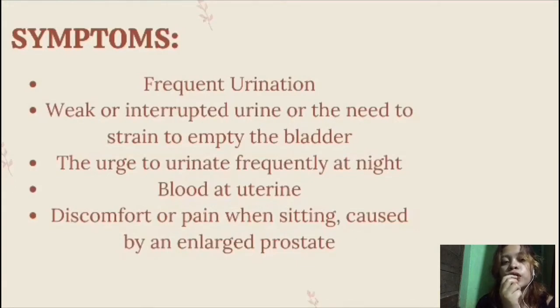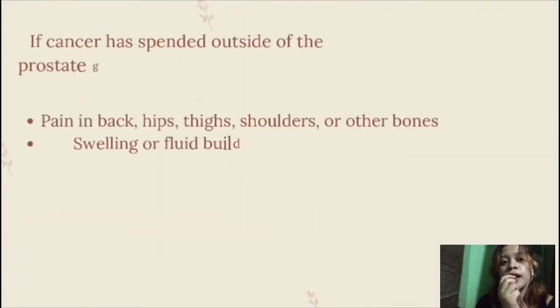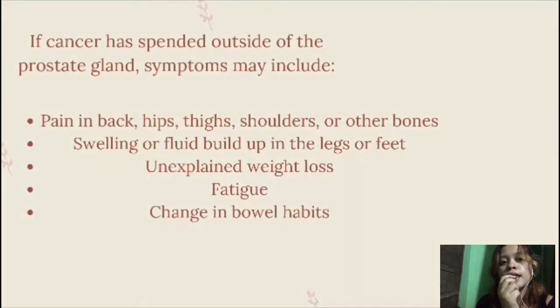The urge to urinate frequently at night, blood in the urine, discomfort or pain when sitting caused by an enlarged prostate, and blood in the semen. If cancer has spread outside of the prostate gland, symptoms may include pain in the back, hips, thighs, shoulders, or other bones, swelling or fluid buildup in the legs or feet, unexplained weight loss, fatigue, and change in bowel habits.